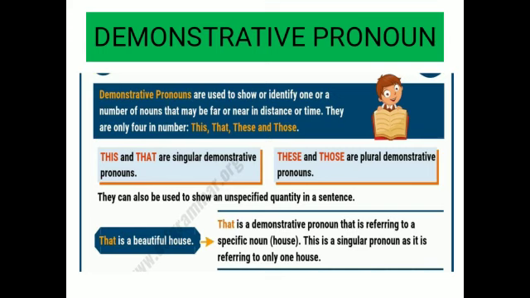Okay children, they are basically 4 in number: this, that, these and those. For example, we have a sentence over here, that is a beautiful house. Now this word that is a demonstrative pronoun. Why? Because it is pointing out that particular beautiful house. So this word that is a demonstrative pronoun over here.